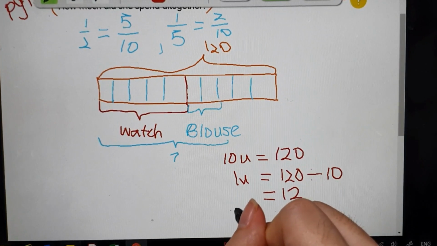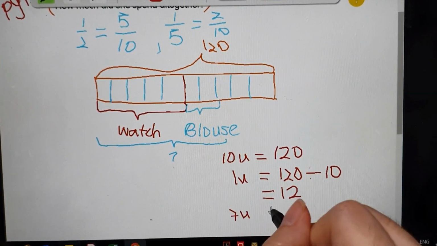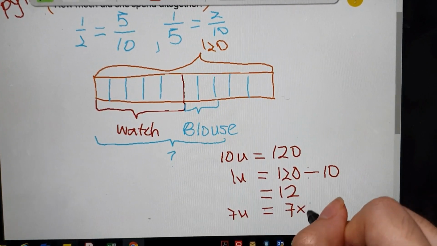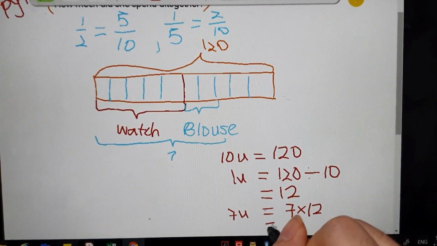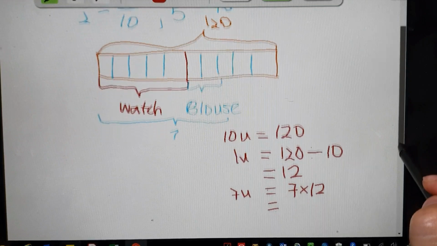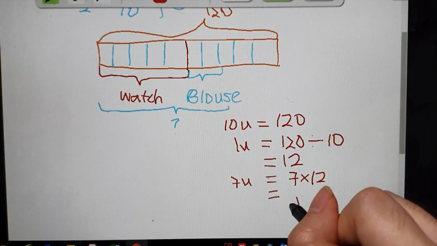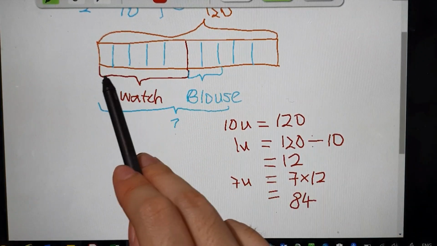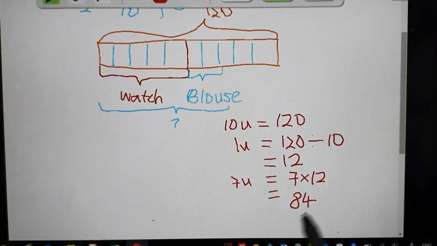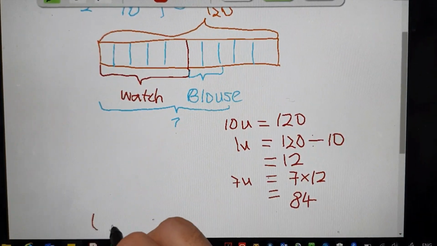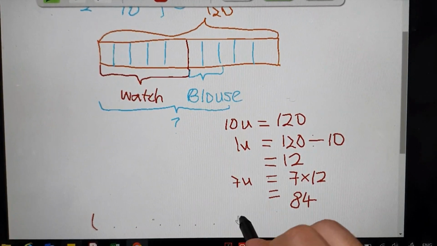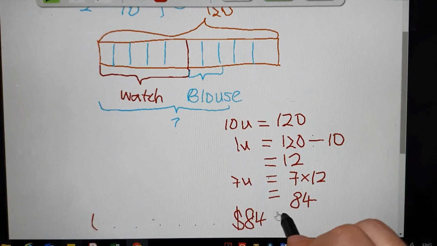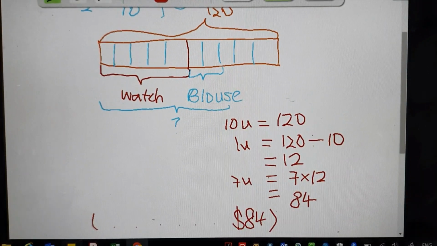So you can just move on to find 7 units, which equals 7 times 12, which will give you 84. So 7 units here represents $84. And then you can write down your word statement, and please remember to include your units.